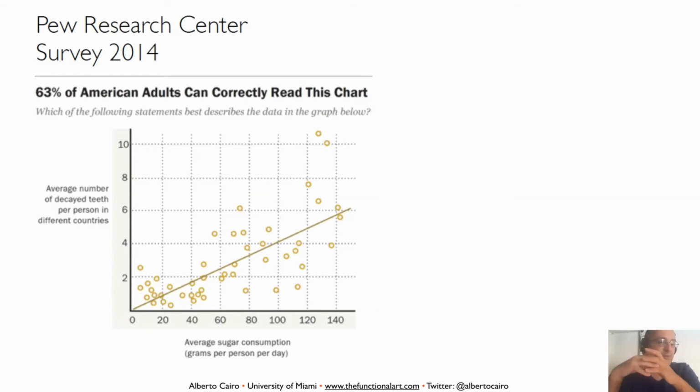I can assure you that if we could have conducted this same survey when I began my career in 1997 or something like that, that percentage would be much lower. It is 63% right now, which is pretty high, because scatter plots have become more common in news media and people are more used to seeing them. Twenty years ago, or even ten years ago, scatter plots were nowhere to be seen in news media.